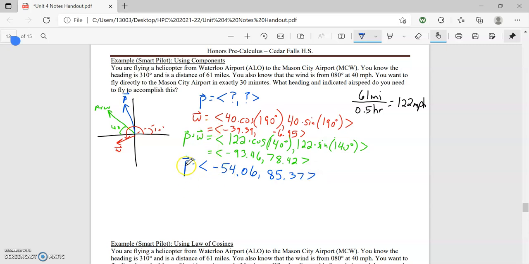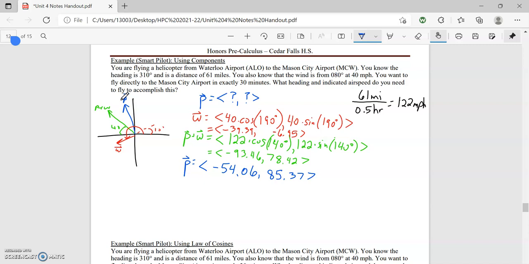So our initial plane vector is negative 54, positive 85. And if we look at that, that matches. We have a negative x, positive y, so that does represent the image pretty well.